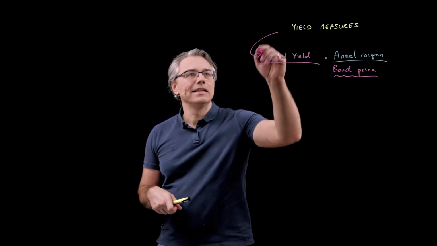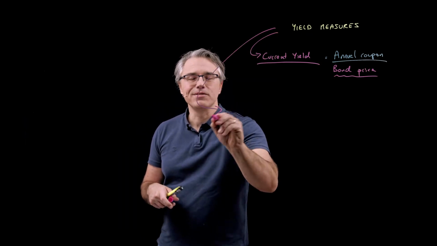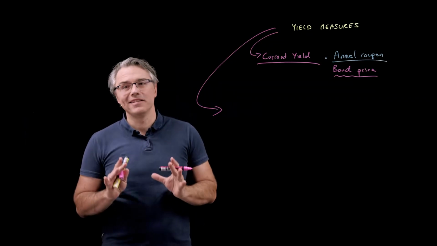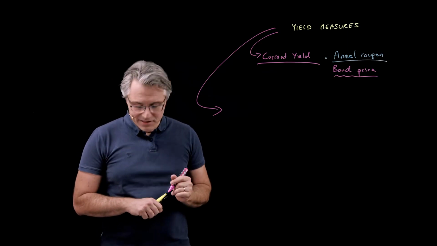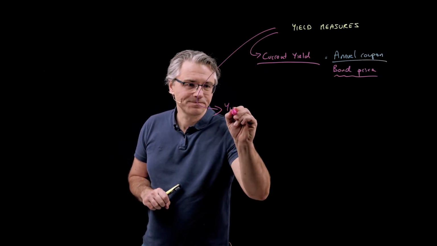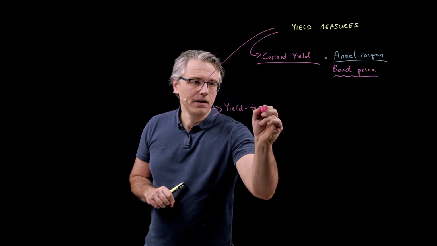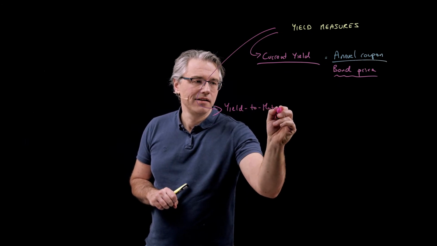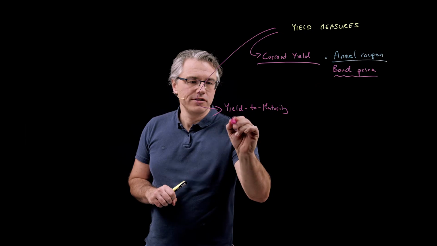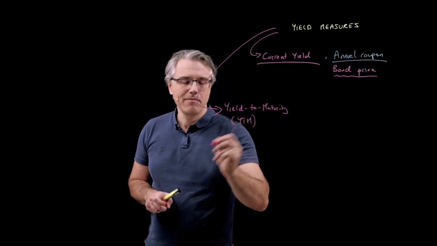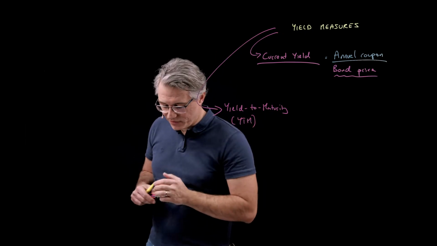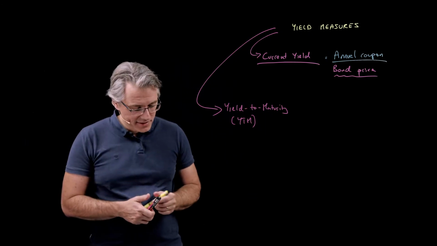And the second one that you already need to know about, and there will be plenty more on this to come, is the yield to maturity, known as the YTM. You'll be doing plenty of computations on this using your calculators later on.